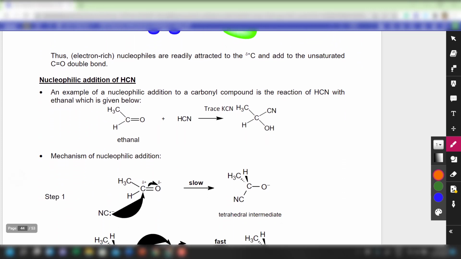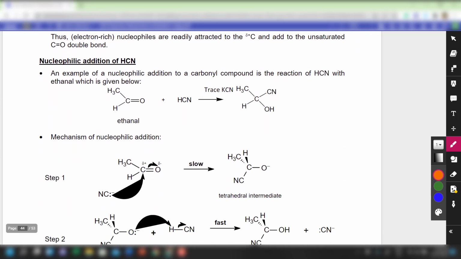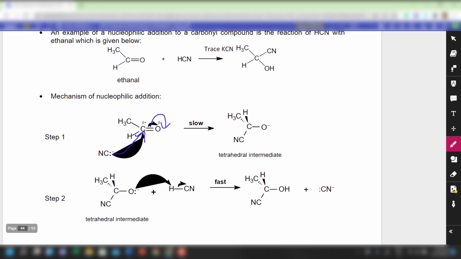Okay, so for example, for nucleophilic addition of HCN, which you are going to encounter in H2, the cyanide approaches. My apologies for these weird fat-looking arrows. So basically, the cyanide approaches like this, and then the bond breaks towards the oxygen to give you a tetrahedral alkoxide intermediate.